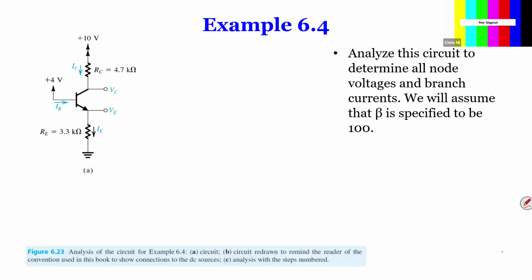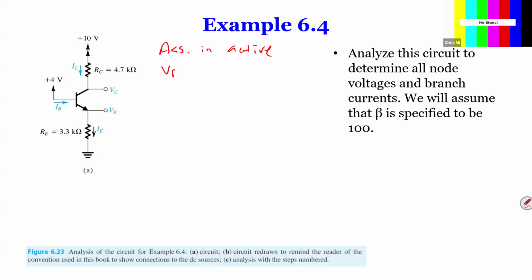However, we will not know whether it's active or in saturation. We don't know before we do all the calculations. So let's assume it's in active mode to start with. Assume it's in active, which means we can calculate IE.